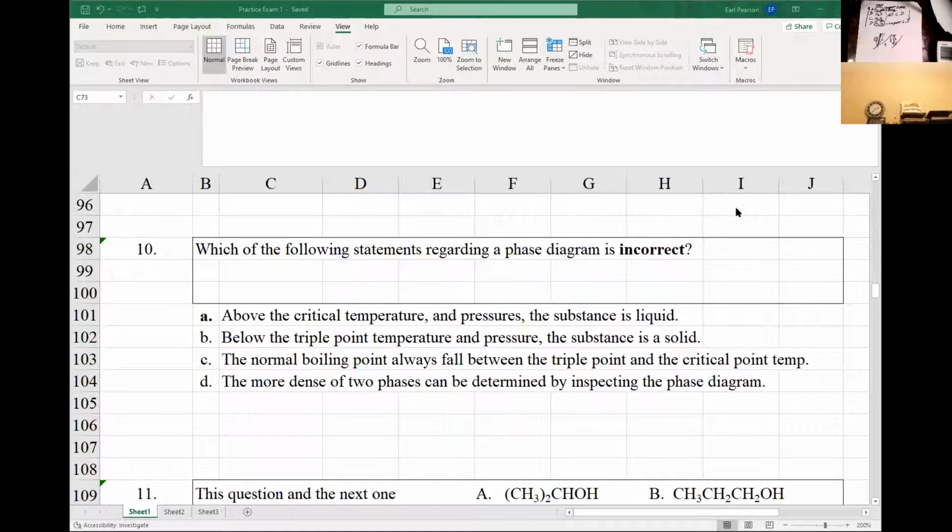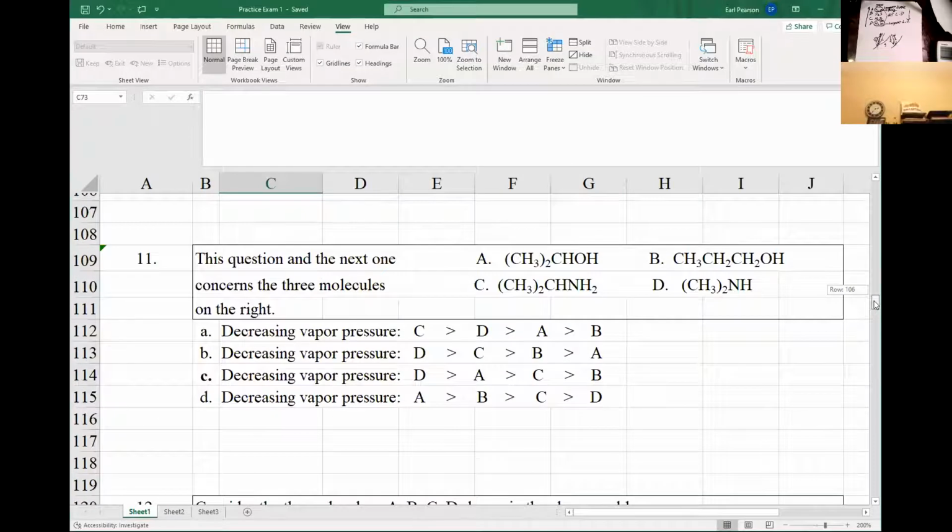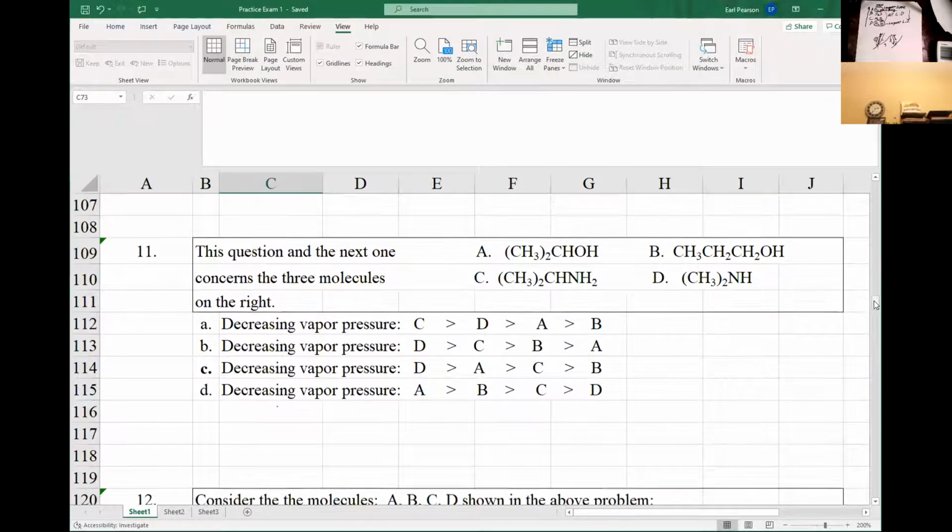Moving right along. All right, now let's look at these. We're looking at different kinds of molecules. And the first thing I want to look for is, are any of them hydrogen bridged?